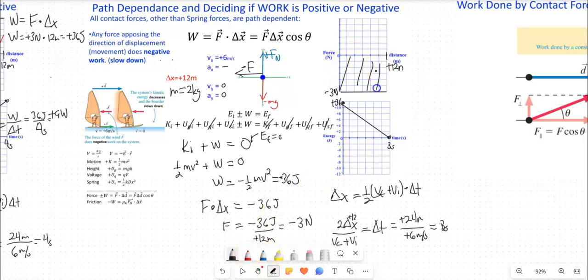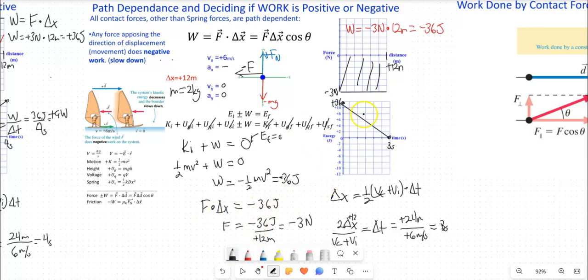And so this area is going to be the work, which is negative 3 newtons times 12 meters. So that's negative 36 joules of work. And that works out. F delta x is negative 36.